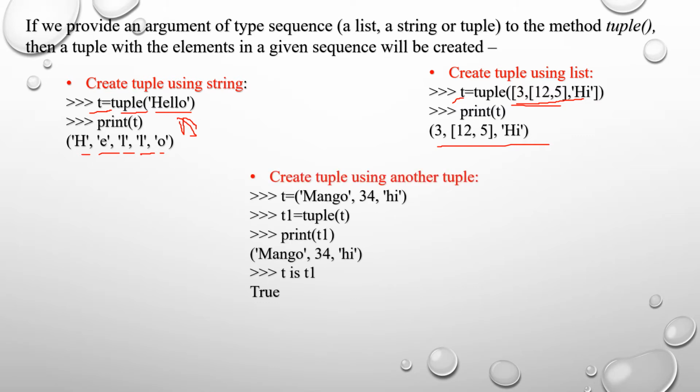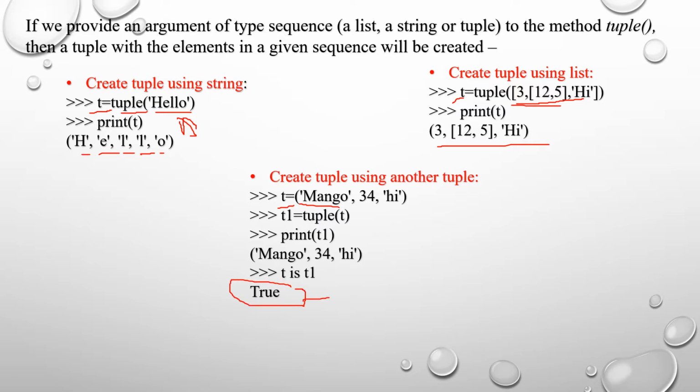If you want to create a tuple using another tuple, here I created one variable t is equal to mango comma 34 comma I. After that I created another variable t1. t1 is equal to tuple of t, where t is the tuple variable name. If you print t1, the interpreter will print mango, 34, I. If you say t is t1, the interpreter will give a boolean output.